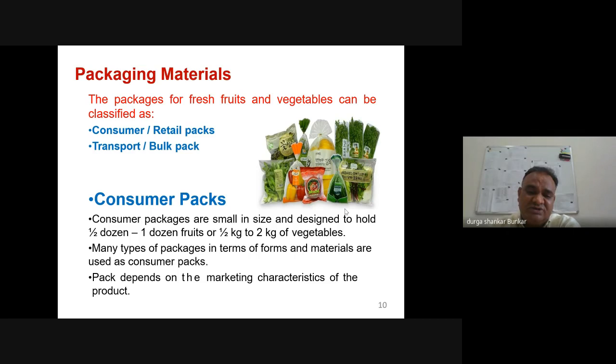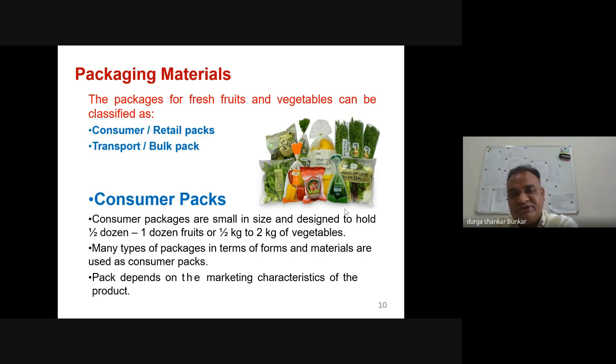Basically, we can use LDPE, low density polyethylene, which is the most suitable material for consumer packets. The pack depends on the marketing characteristics of the product.